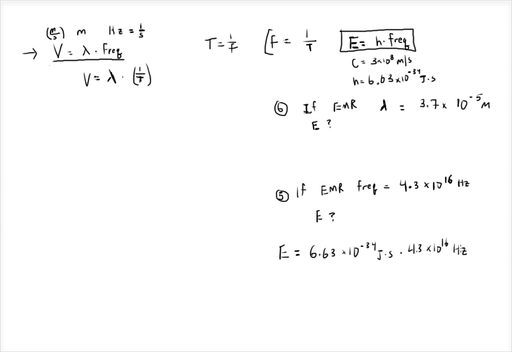And remember, hertz are 1 over seconds, so the seconds times the 1 over seconds will give you 1, so they'll cancel out, and you'll be left with joules.